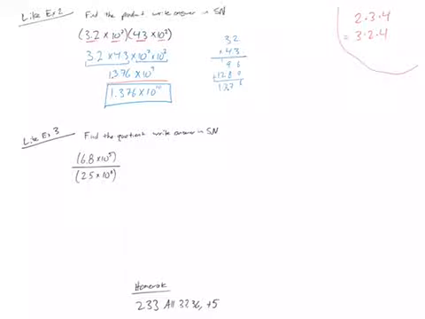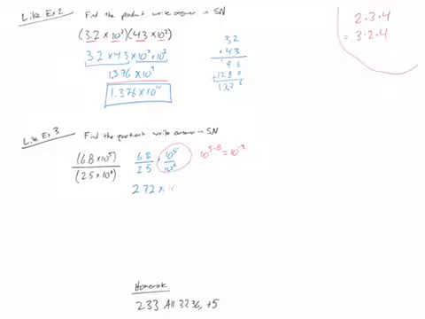Okay, same idea here with the quotient. This is like example 3. I'm going to think of this as 6.8 over 2.5 times 10 to the 5th over 10 to the 8th. 6.8 divided by 2.5 comes out to be 2.72 times, and then remember on these we would say 10 to the 5 minus 8, which is 10 to the -3.